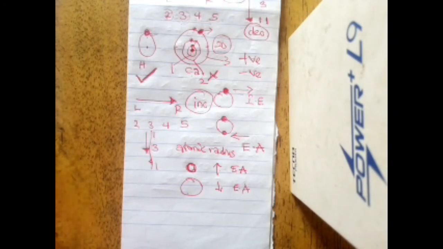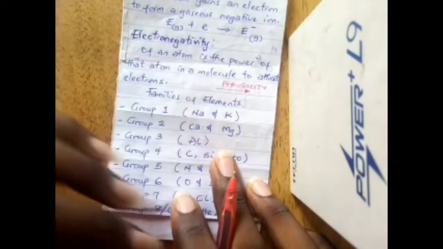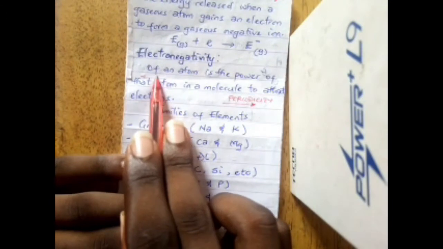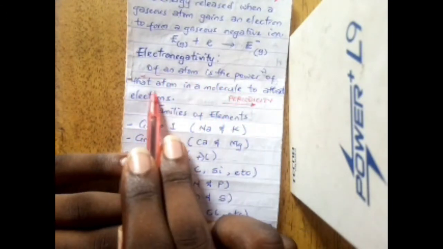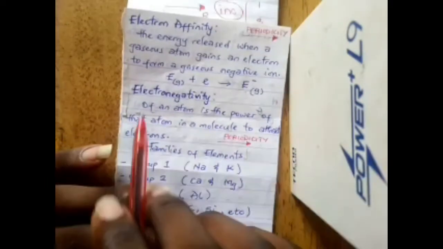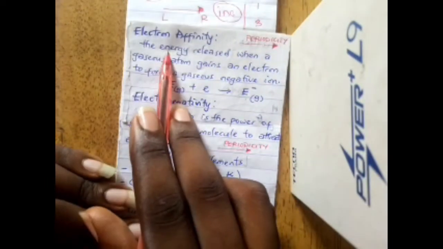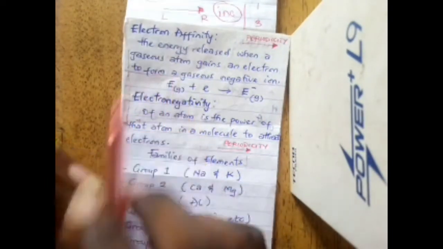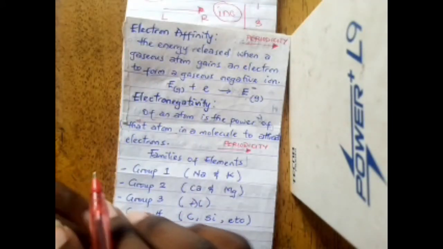So lastly, we're looking at electronegativity. Electronegativity of an atom is the power of the atom to attract electrons. Very simple, it just buttresses the point of the electron affinity.